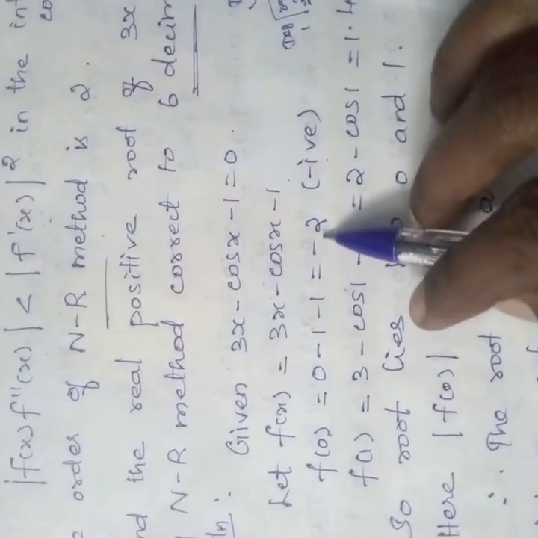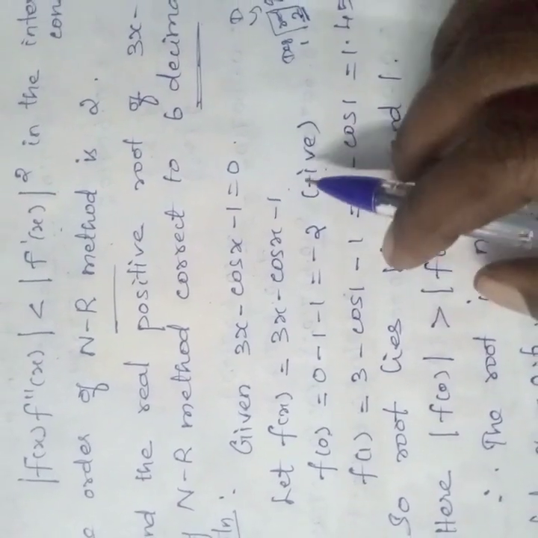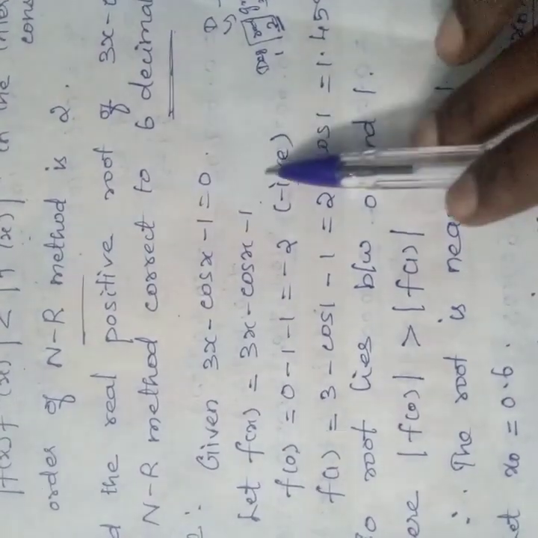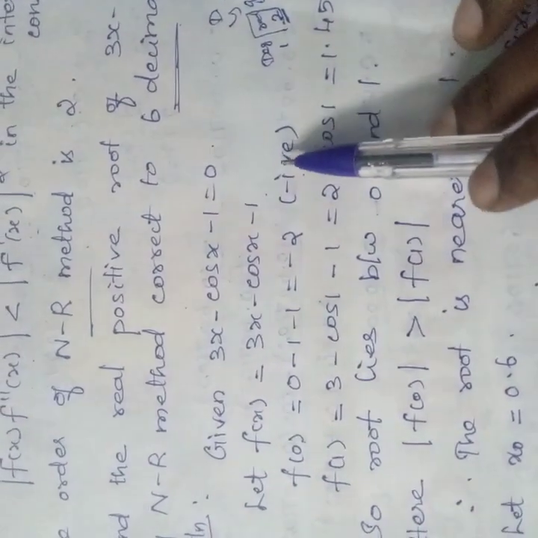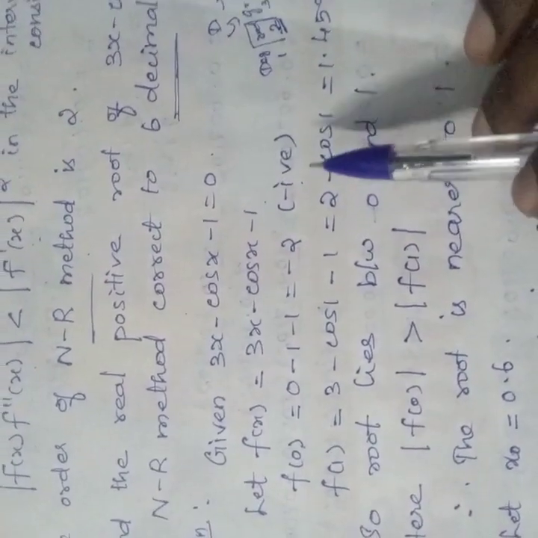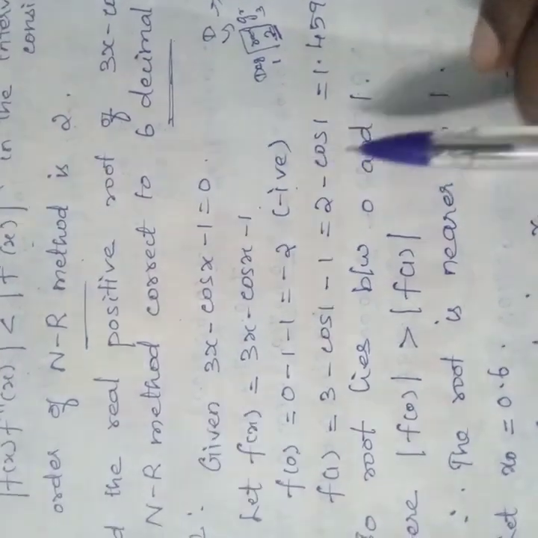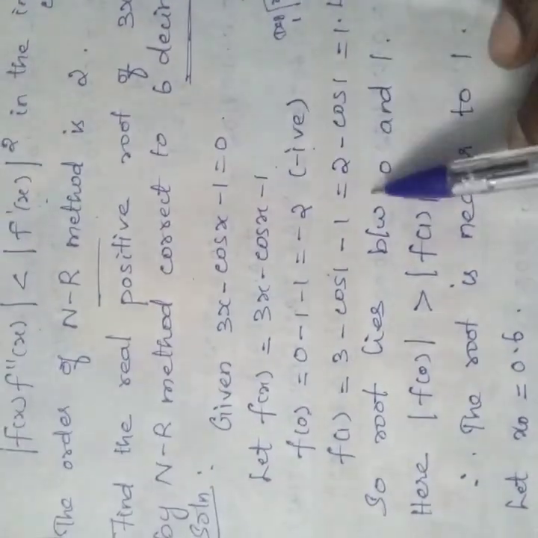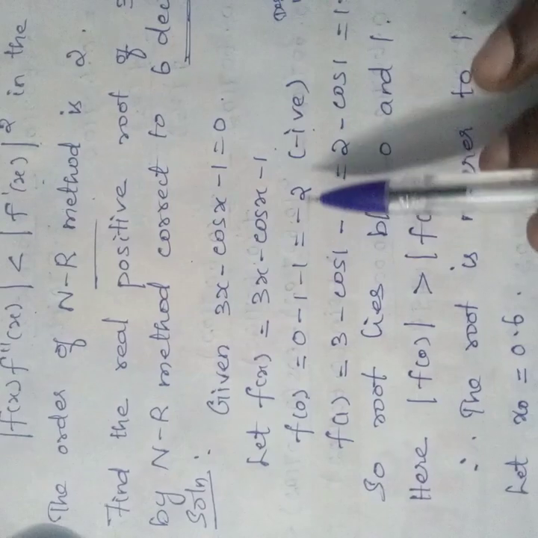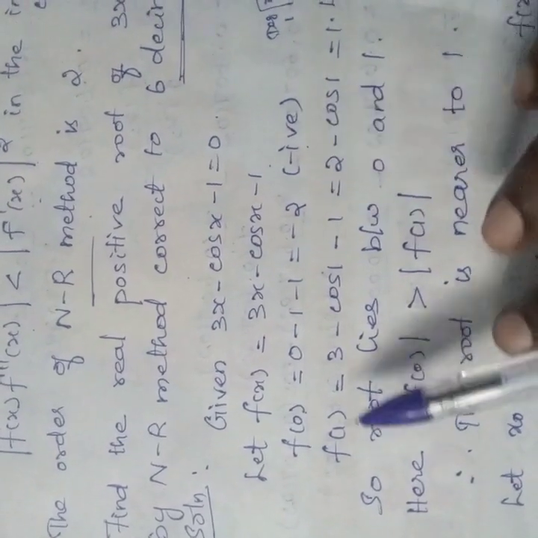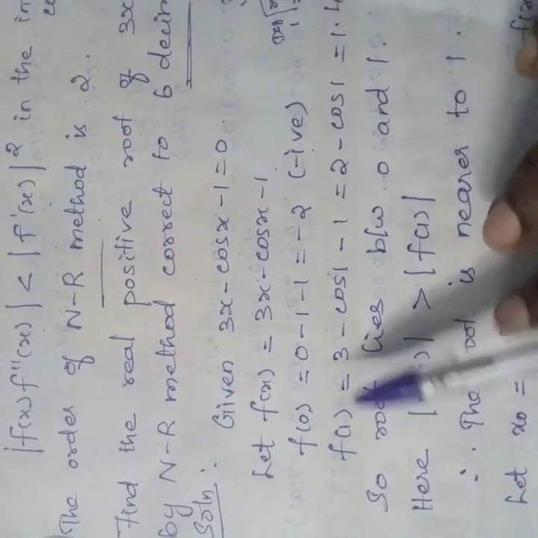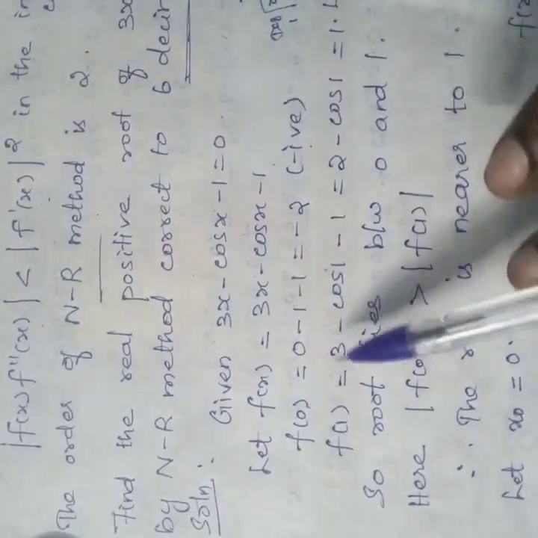The answer value is not needed, we need the sign, that means opposite signs, positive or negative. Once we get opposite signs, we fix that our answer lies between the 2 points. f of 0 is equal to minus 2, negative, and f of 1: in the place of x you put 1.